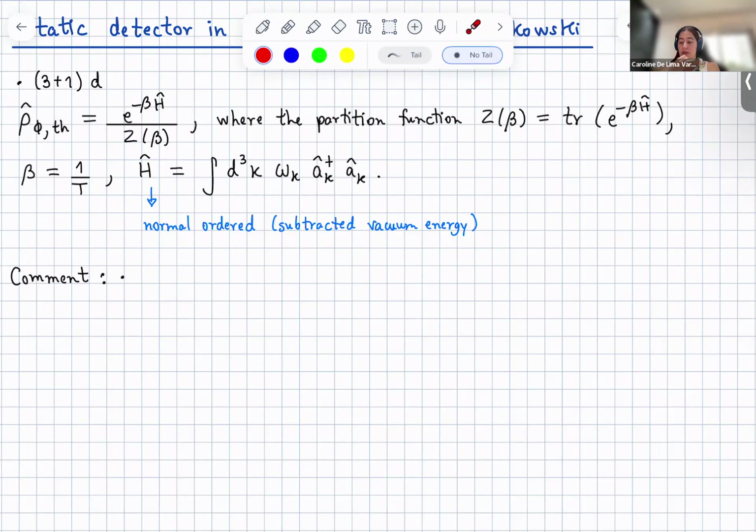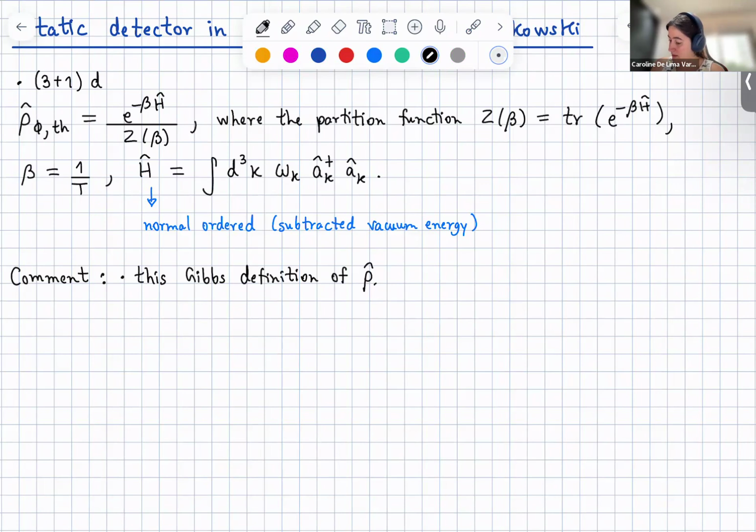It makes sense as well, at least in some cases, when you have the infinite dimensional case, as long as it's countably infinite. Now in QFT we have uncountably many, right? It's uncountably infinite dimensions. So this doesn't really work. So my comment is that this Gibbs definition of the density matrix is just to be understood formally, okay?